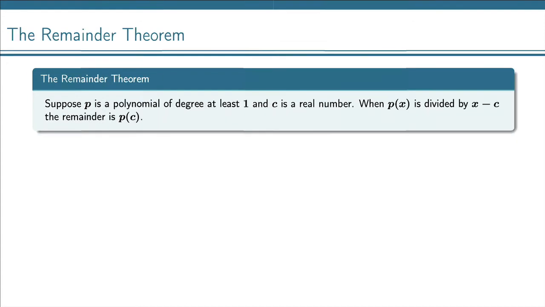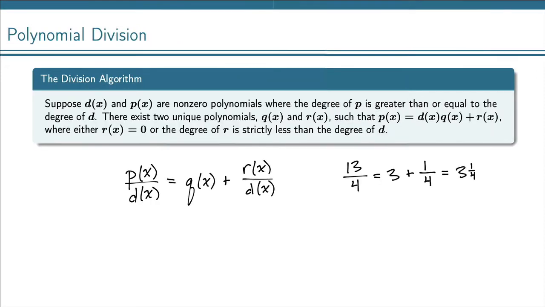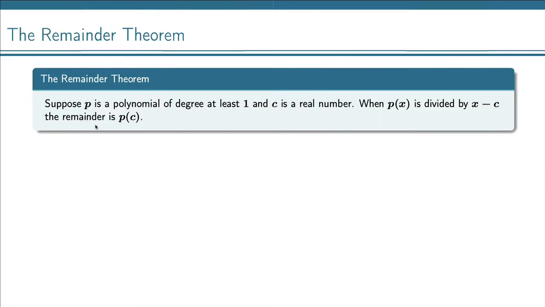Now, that is useful because the remainder connects nicely into finding the zeros of a polynomial, and it's through the remainder theorem. The remainder theorem says that if you have a polynomial of degree at least 1, and c is some real number, then when you divide the polynomial by x minus c, the remainder r of x that you get in this division algorithm actually is equal to p of c.